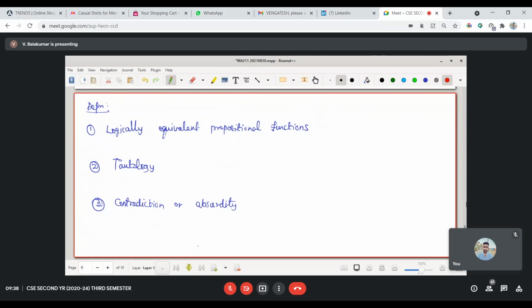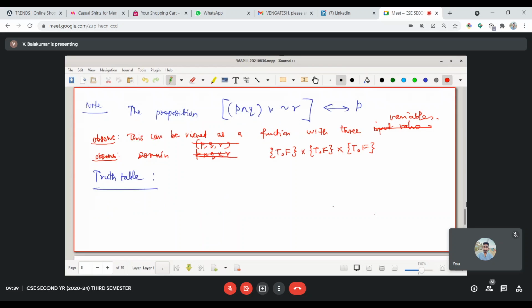We have 3 special propositional functions. First one, logically equivalent propositional functions are simply logically equivalent propositions. Meaning, you give me an expression like this. Somebody is giving another expression. That expression is actually the proposition I am talking about. So, 2 propositions are given.